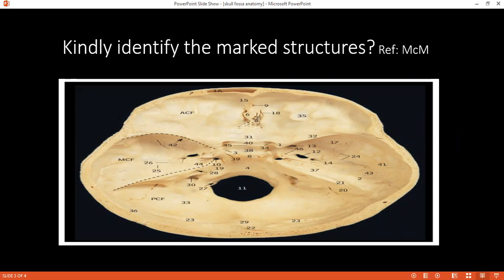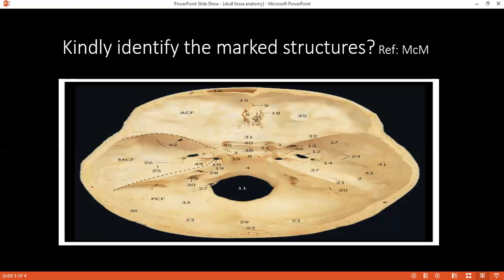Right. You told me about the fossa boundaries. Can you identify foramen lacerum? Foramen lacerum, ma'am, it is number 10. Okay. Can you tell me what passes through it?